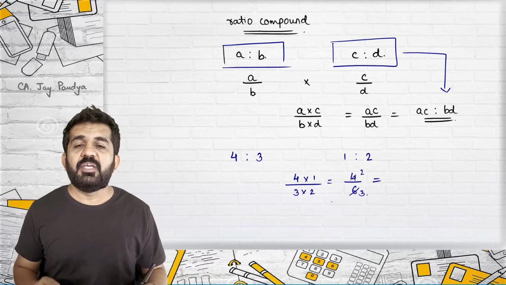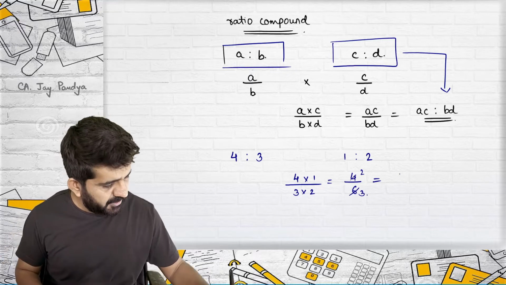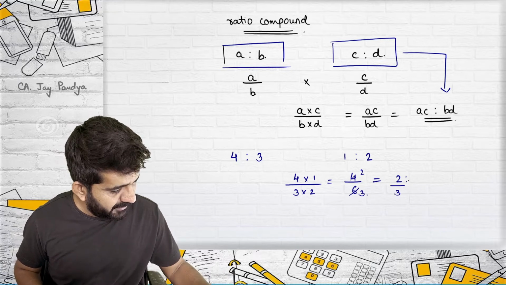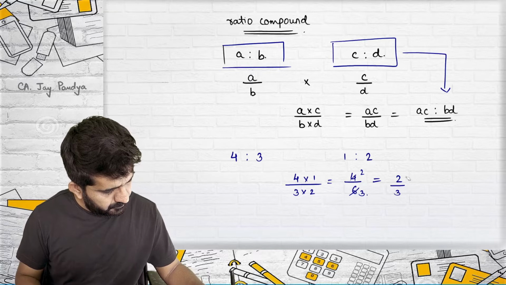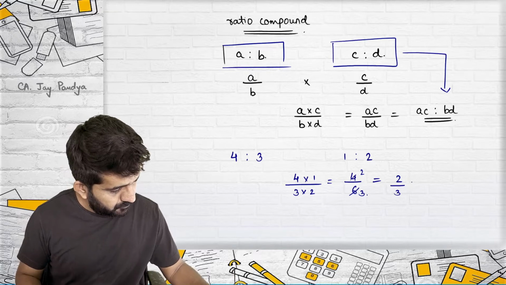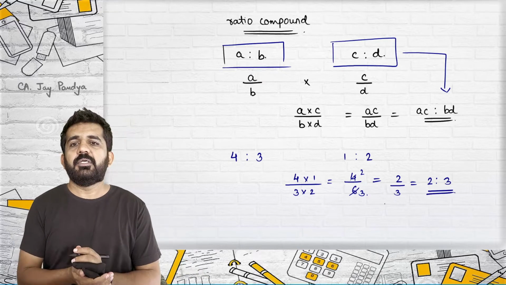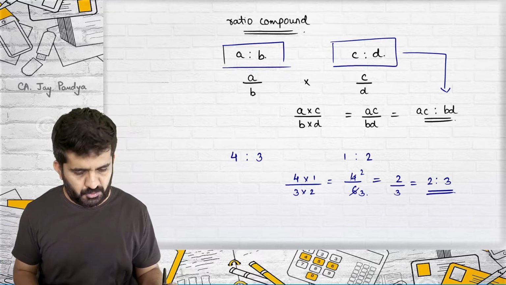As we know, we can divide and multiply numerator as well as denominator by the same number. The ratio which I'll be getting is 2 divided by 3, or 2 is to 3. So this is a ratio compound of two ratios.